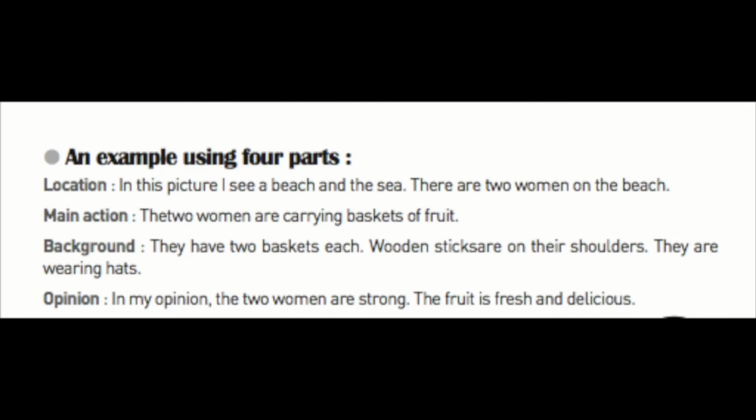Now I'll read the full sentences and repeat after me. In this picture, I see a beach and the sea. There are two women on the beach. The two women are carrying baskets of fruit.